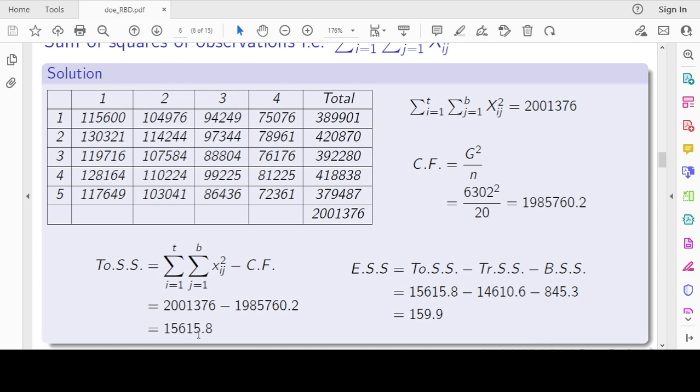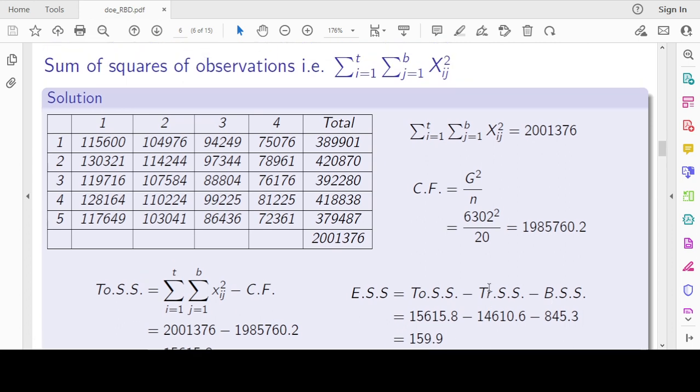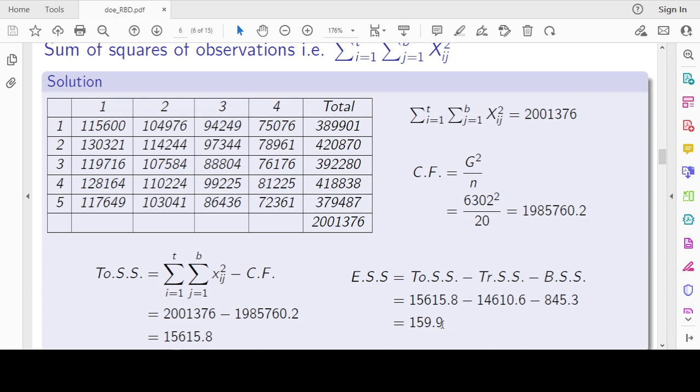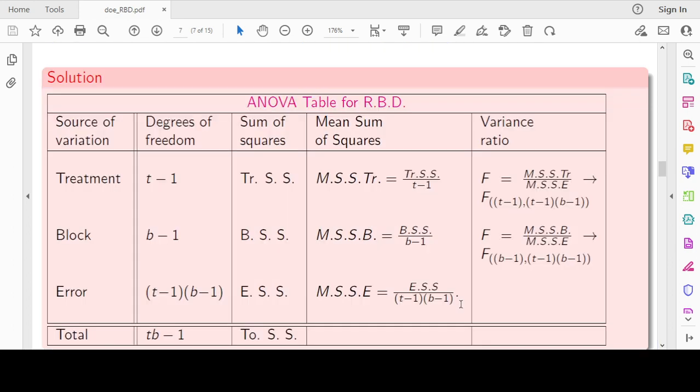Then after that we obtain error sum of square by subtraction: total sum of square minus treatment sum of square minus block sum of square. So we substitute all those values we have obtained here. This is the treatment sum of square, block sum of square, that we have subtracted, and we got this value as the error sum of square here.